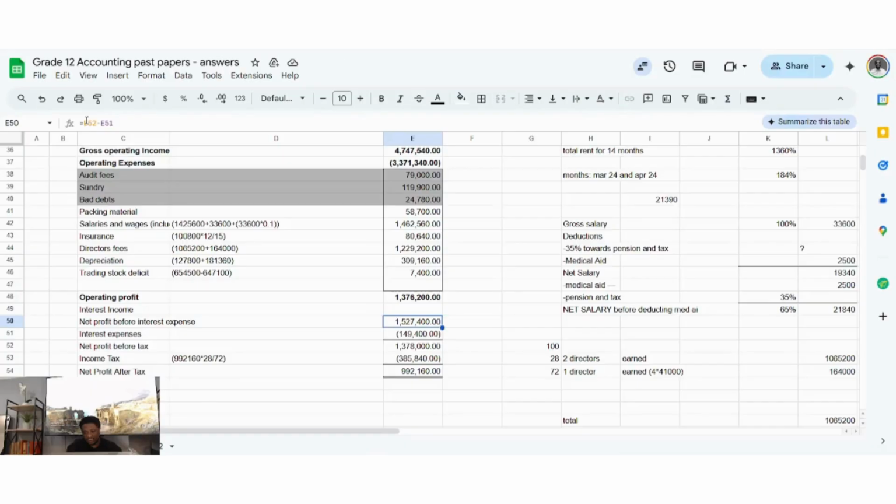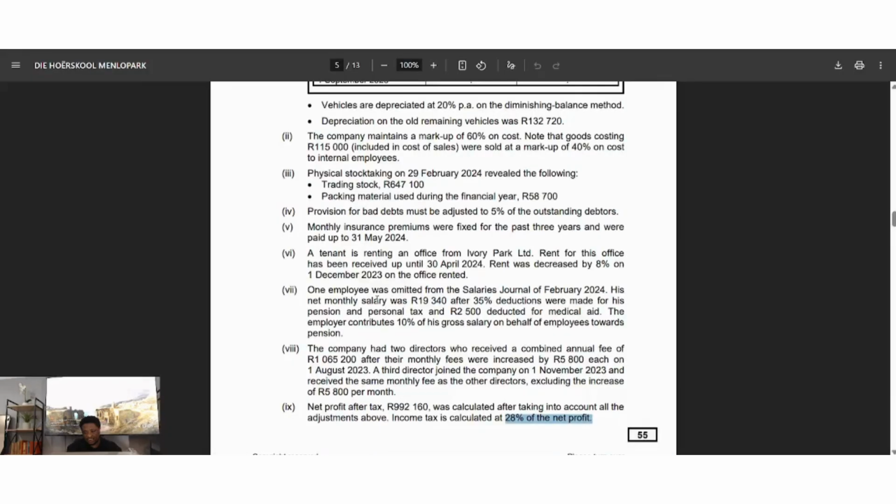Therefore the difference between the two, operating profit and the net profit before interest expense, would be the interest income, and that would work out to 151,200.